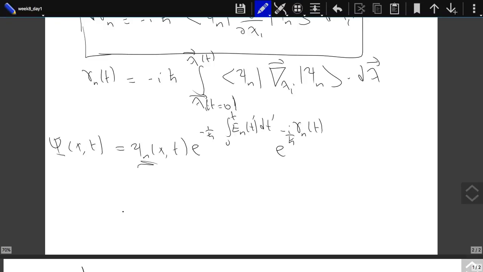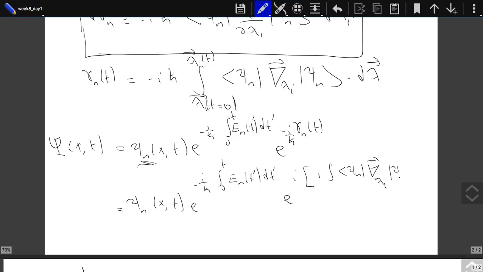So we can just substitute it over here. This is psi n of x, t, e to the power minus i over h bar integral from 0 to t of E n of t prime dt prime. Well, the h bars again cancel each other. E to the power i times i, the integral of psi n star gradient with respect to lambda i psi n dot d lambda.